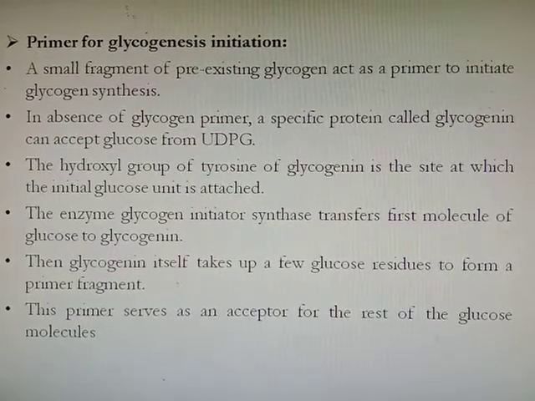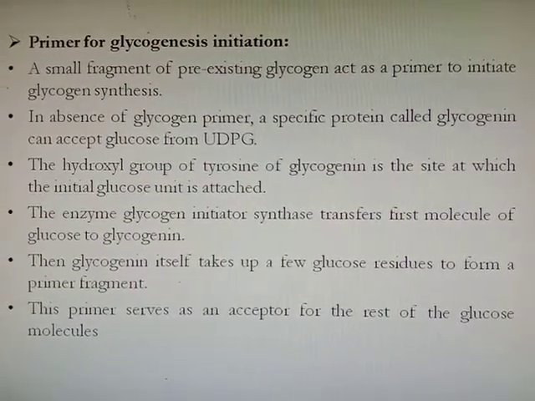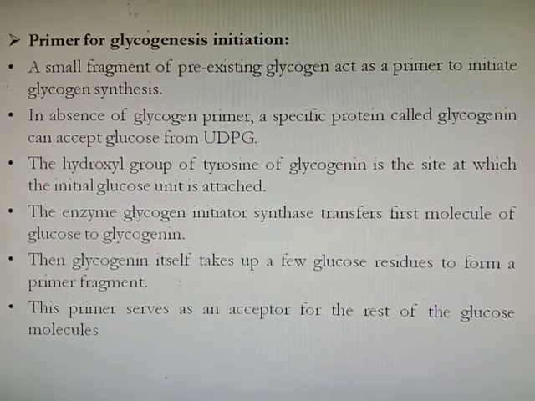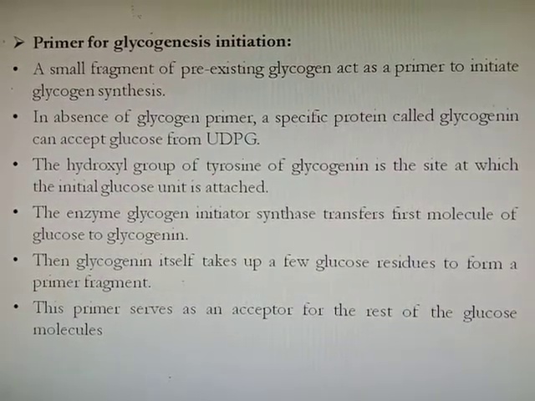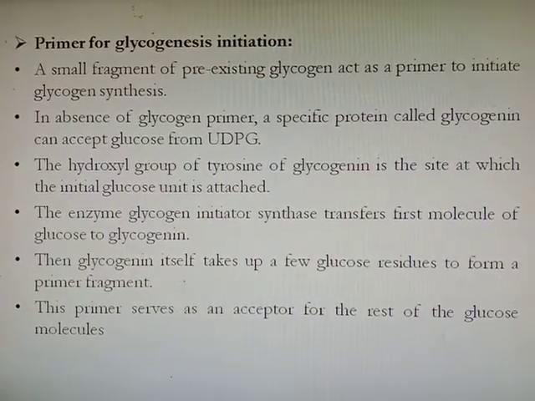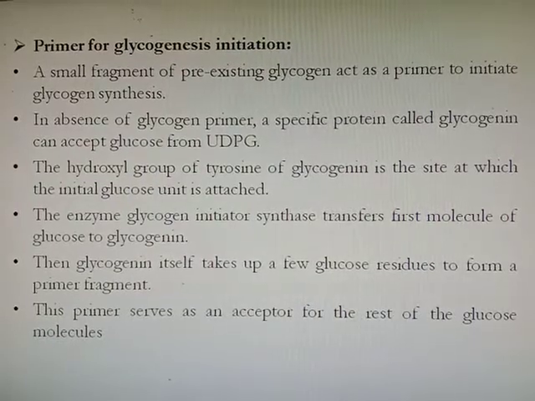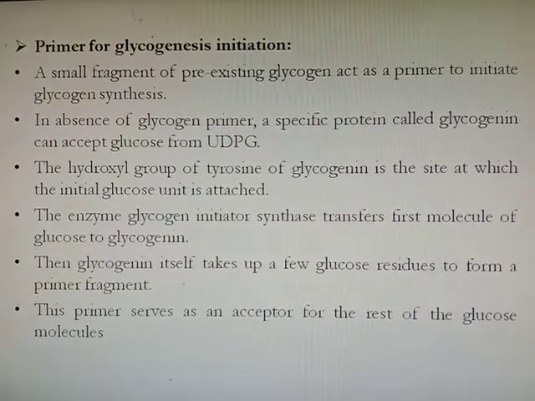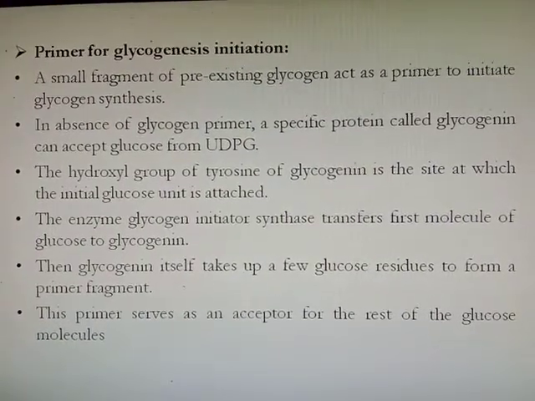The enzyme glycogen initiator synthase transfers the first molecule of glucose to glycogenin. Then glycogenin itself takes up a few glucose residues to form a primer fragment. This primer then serves as an acceptor for the rest of the glucose molecules to synthesize the glycogen.